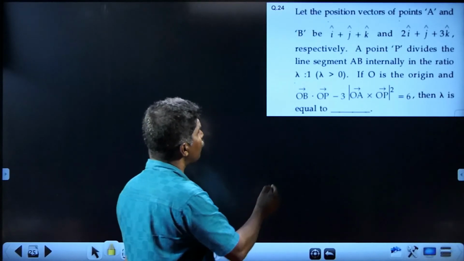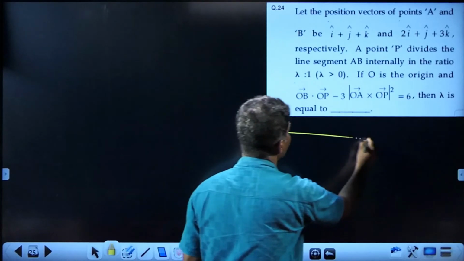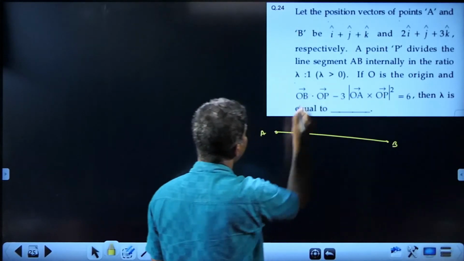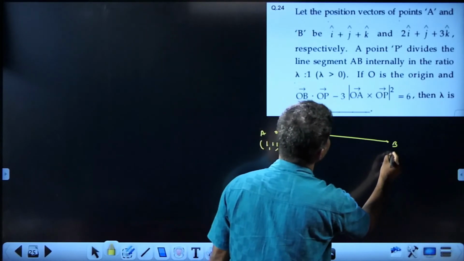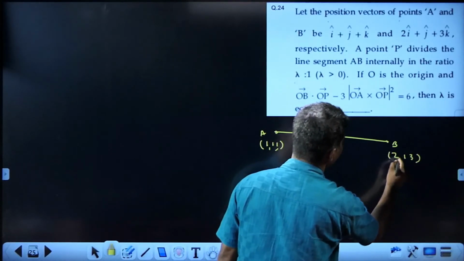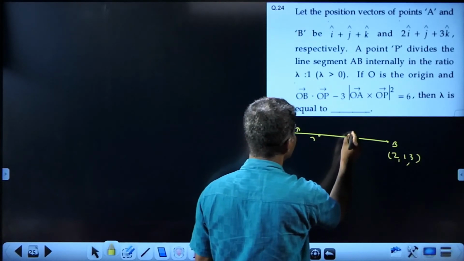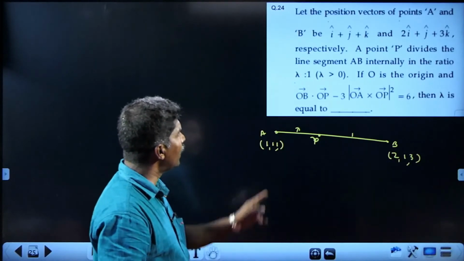So the internal division formula, very simple formula actually. You can see that 2 points are there. One point is A and another point is B. Point A is given as 1, 1, 1, and point B is given as 2, 1, 3. Lambda is to 1 is the division point. Suppose that is a point P. What is the point P now?